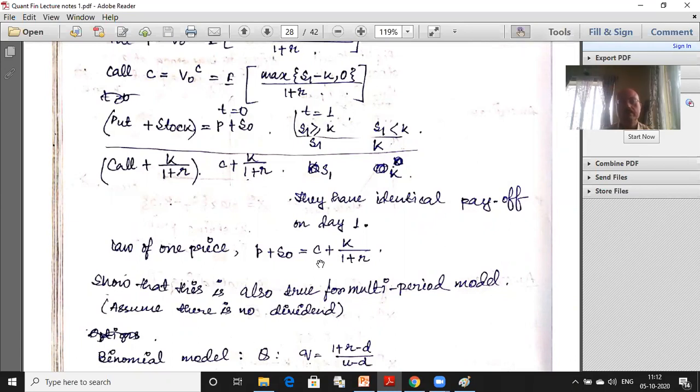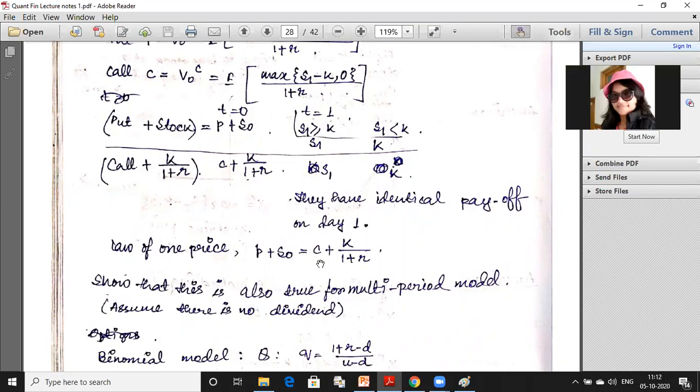So is this result clear to all of you? This is a very simple result, but a very important one. So silence means what? Silence means it's clear. Or what is the default?